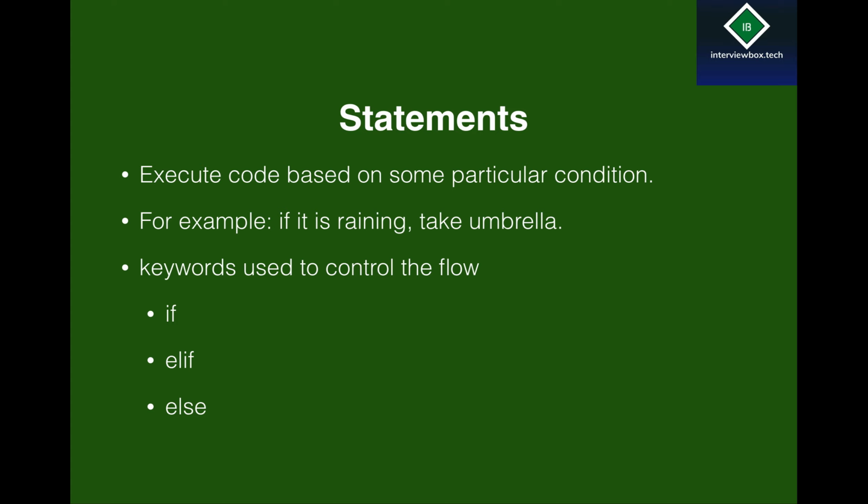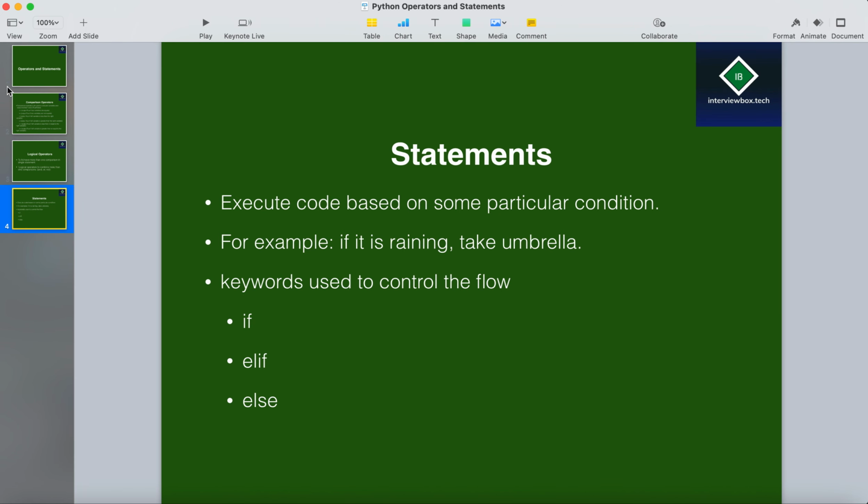If not, then don't worry about taking an umbrella. Something like that. The keywords used in statements are if, elif, and else. These are checking the conditions. So let's go to PyCharm and execute some commands there.